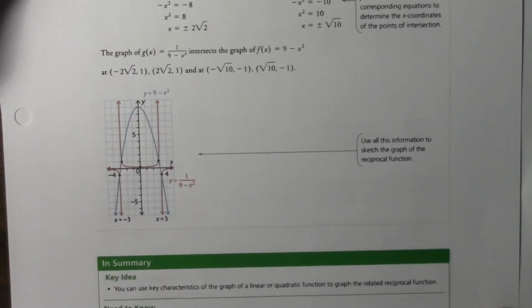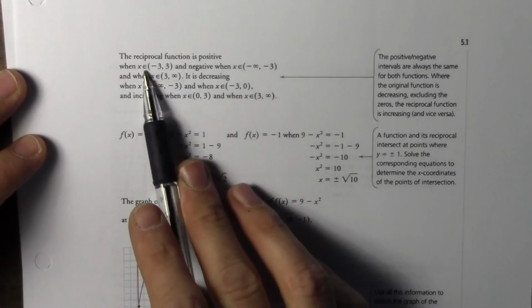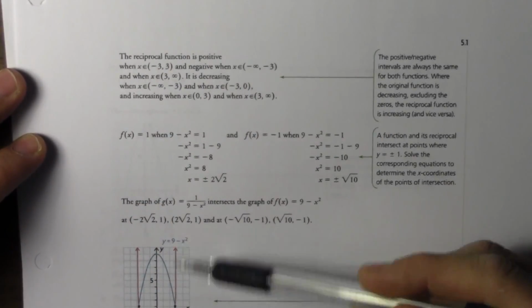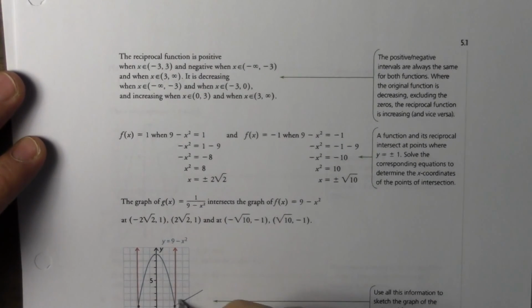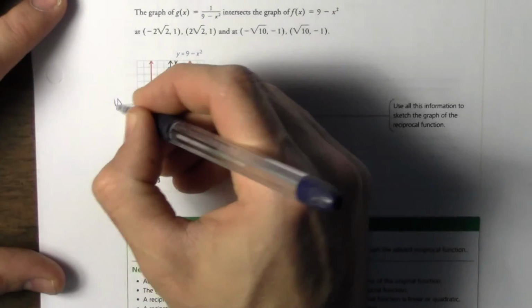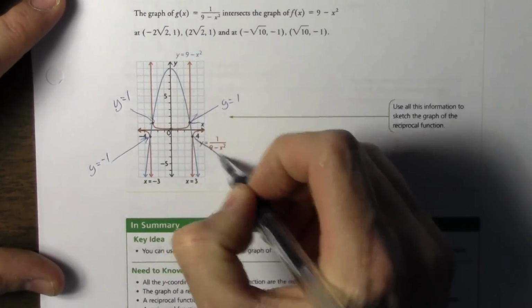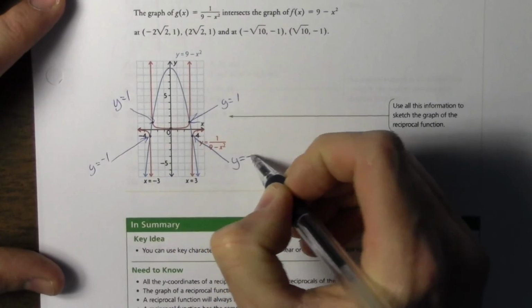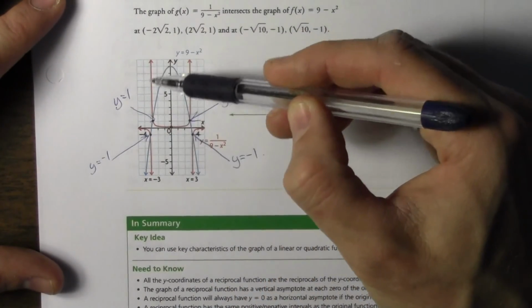So the reciprocal function. We now know we have vertical asymptotes at positive 3 and negative 3. We know our intersection points here occur at y equals 1 and y equals negative 1. We know we're increasing here, so on our reciprocal function, we need to always be decreasing.